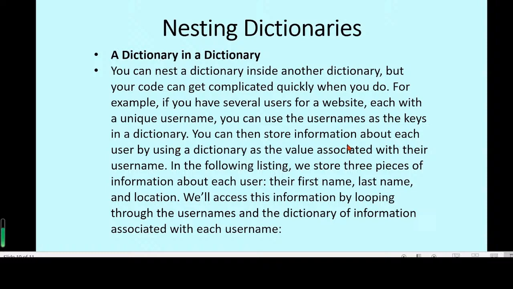You can then store information about each user by using a dictionary as the value associated with their username. So in the following listing, we store three pieces of information about each user: their first name, last name, and location. We will access this information by looping through the usernames and the dictionary of information associated with each username.